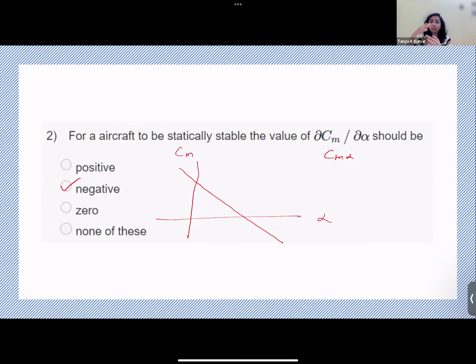If your aircraft is stable, it will tend to come back, so it will produce a nose down moment. So for positive delta alpha, you need negative Cm or pitch down. Negative Cm is pitch down, which is why dCm upon d alpha should be negative. So positive delta alpha should have a restoring, negative Cm pitching moment. That's when the aircraft is called statically stable, longitudinally statically stable.